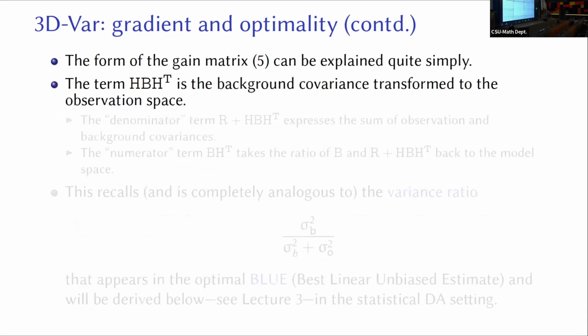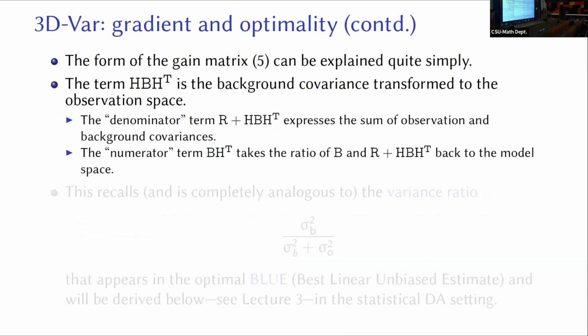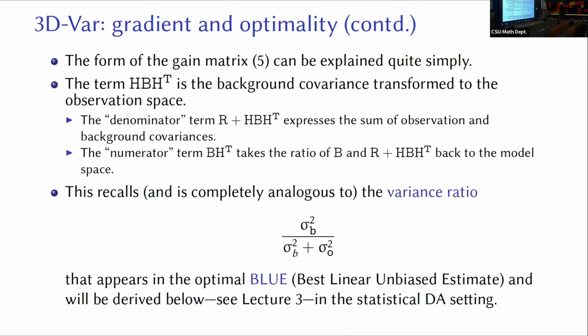So, in fact, what I wanted to show you is that this formula for k is nothing else but the generalization of what we saw on the second day, that is the ratio of the background error covariance divided by the sum of the background and the observation error covariance.